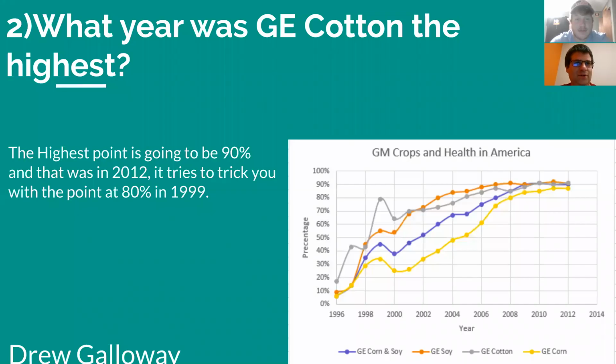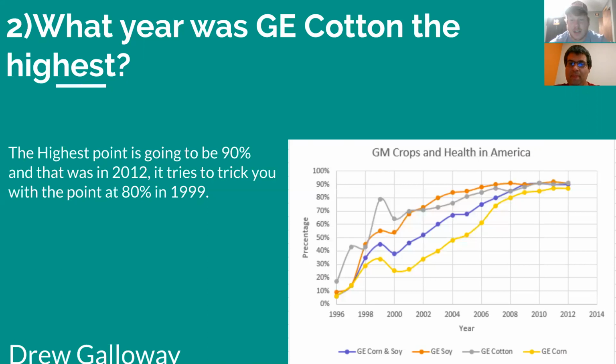All right, Drew. What year was GE cotton the highest? All right, the highest point is going to be 90%, and that was in 2012. It tries to trick you a little bit here with the point at 80%, because it looks like it jumps up to that point by itself.